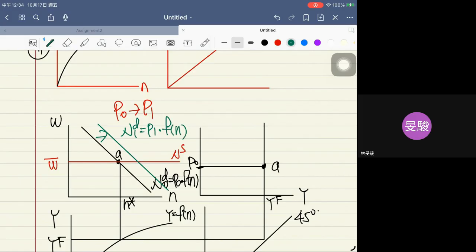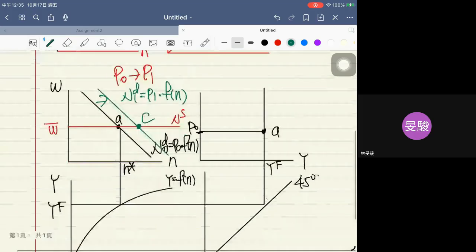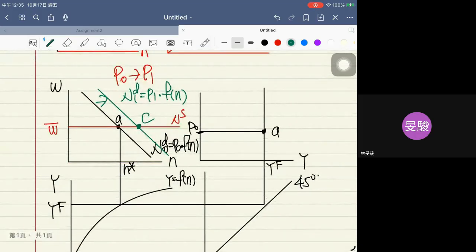And the new equilibrium we denote as point C, with the corresponding employment level N1 star.